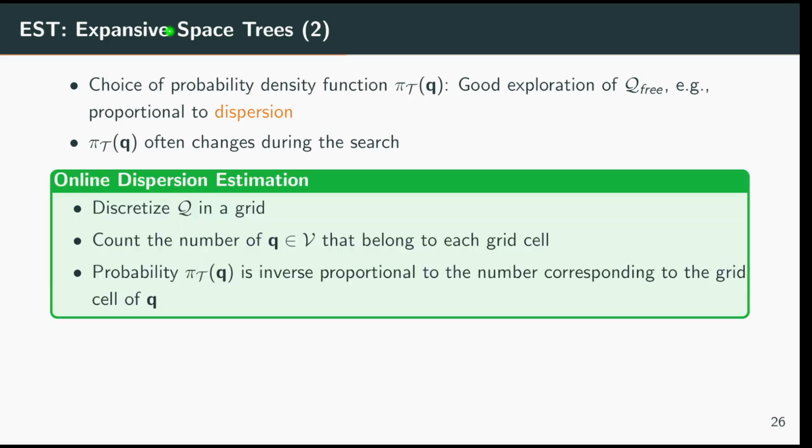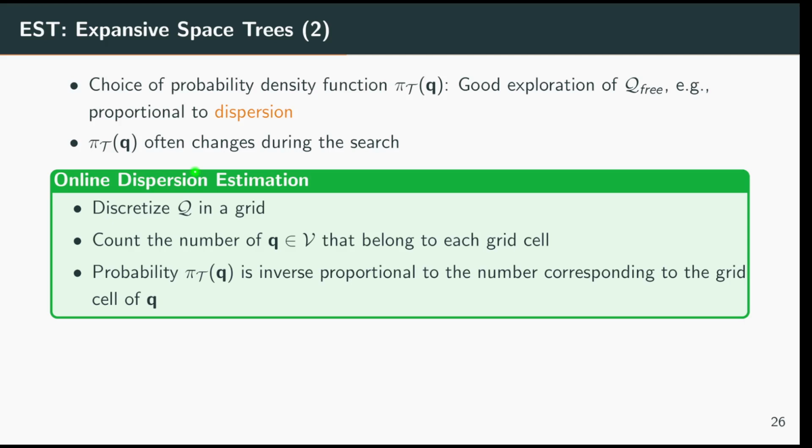And so if you look at real implementations, for example, in OMPL, what is done is that you try to compute this dispersion online in a kind of discretized approximation.